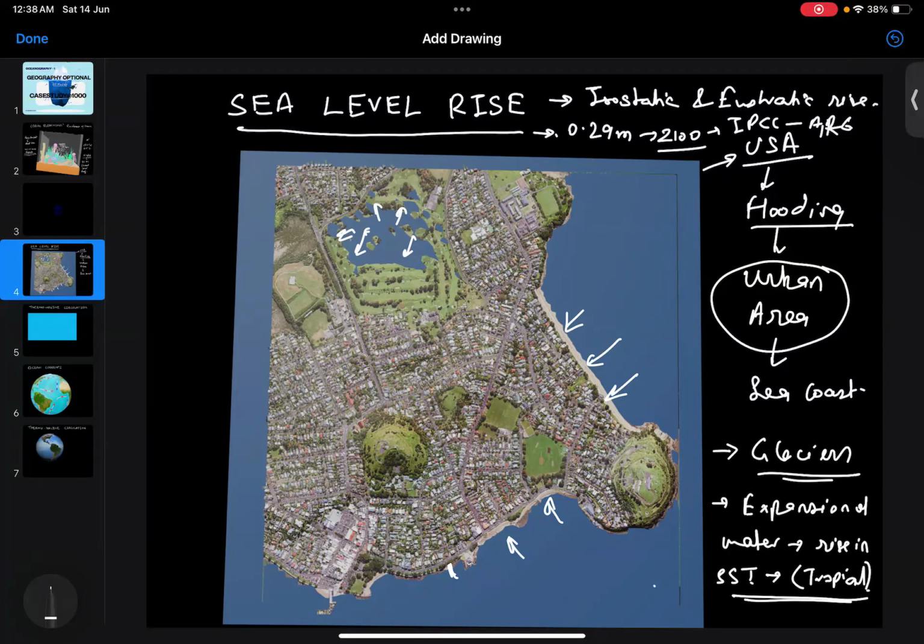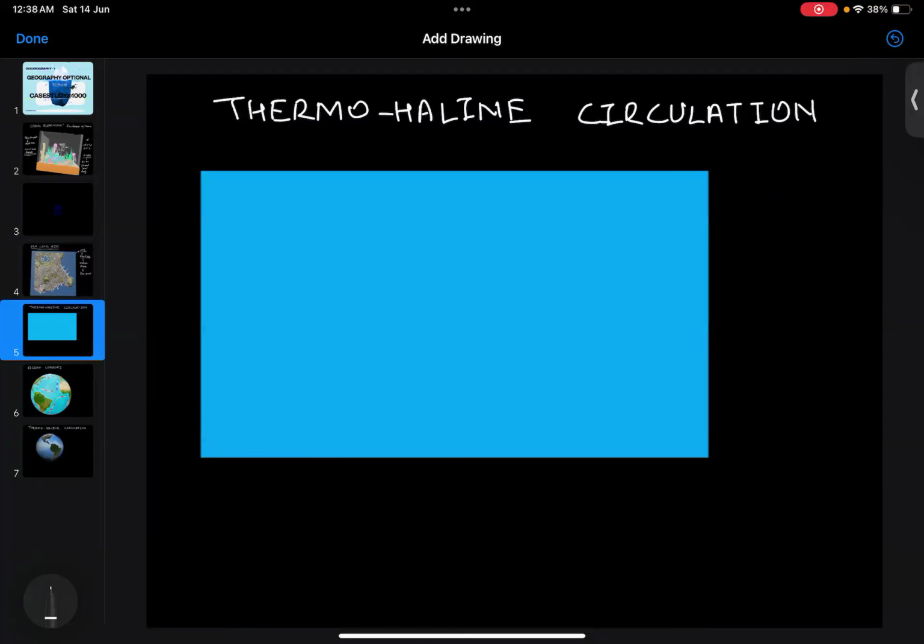Now, the third topic we have is the thermohaline circulation. We have read about it, we have understood the concept. I've got certain videos, so I'm presenting videos to make you understand how the thermohaline circulation actually takes place, because it is associated with the phenomenon of downwelling at one point.